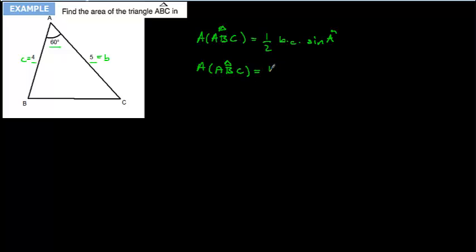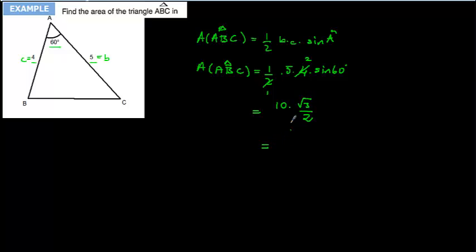Area of ABC is equal to 1 over 2 times 5 times 4 times sine 60. This 4 and this 4 we may simplify, 2 we may simplify, the answer will be 10 times sine 60, which is root 3 over 2.